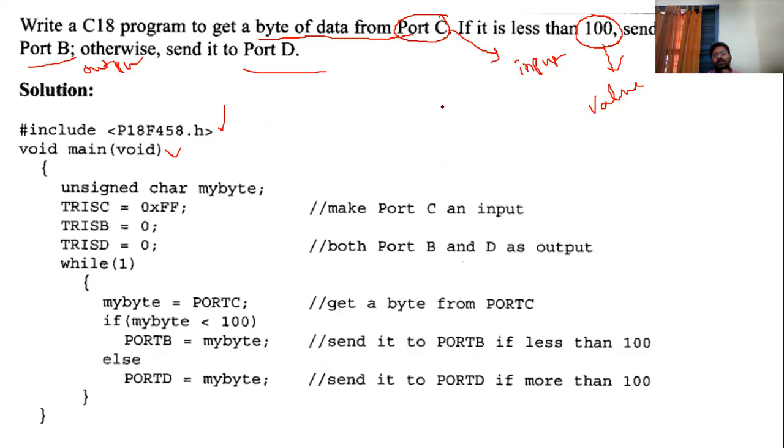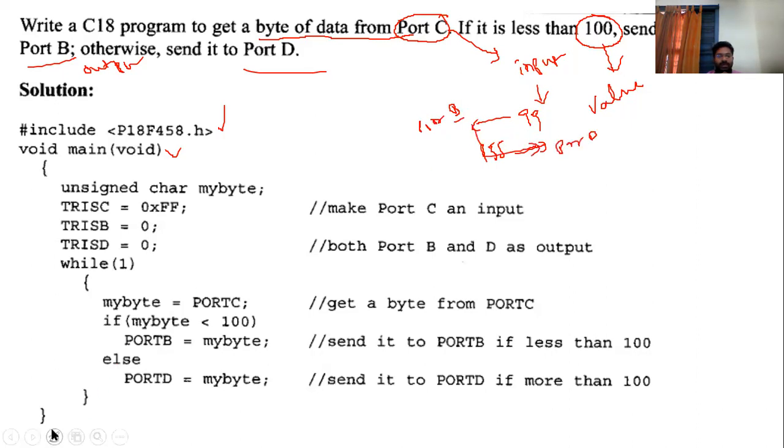See this: whatever value is received from the input, for suppose 99, for suppose less than 100, then you can send it to port B. For suppose I receive the port C value as 155, the values up to 99 you can send to port B. More than that value you can send to port D.